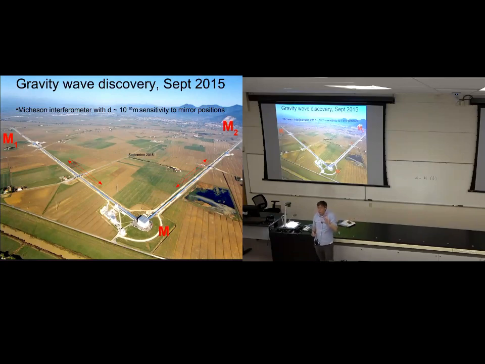This is super, super precise because the ripples in space and time due to a supernova explosion or a black hole collision are tiny, tiny, tiny effects. This device can measure the change in position of the mirrors to 10 to the minus 19 meters.